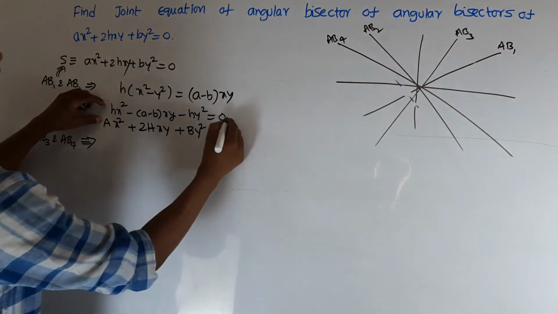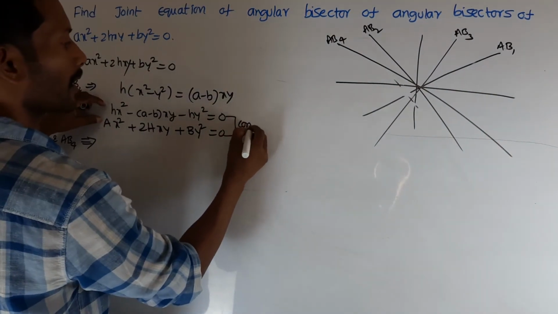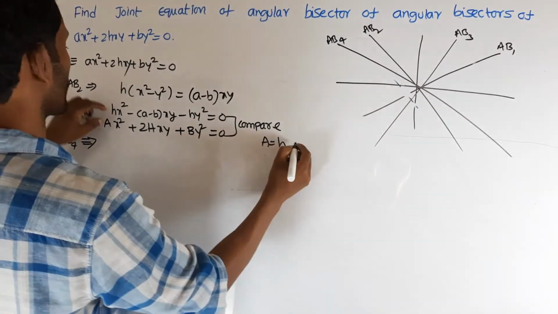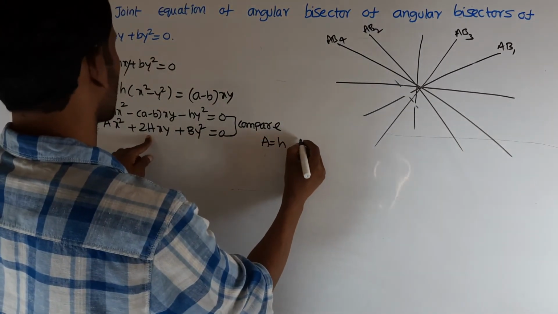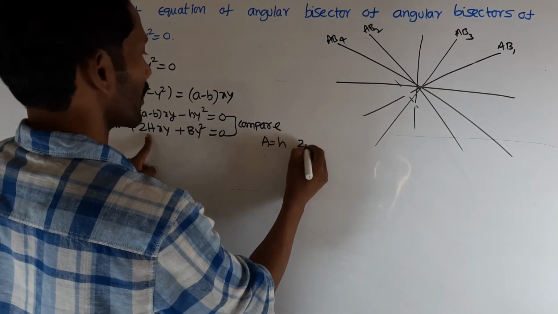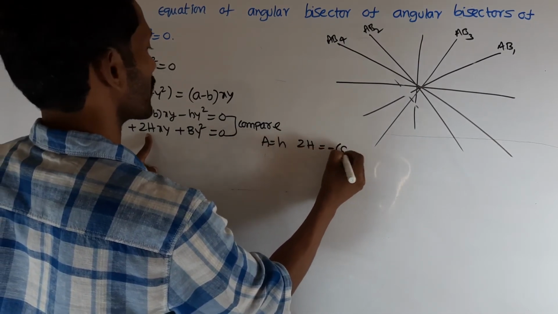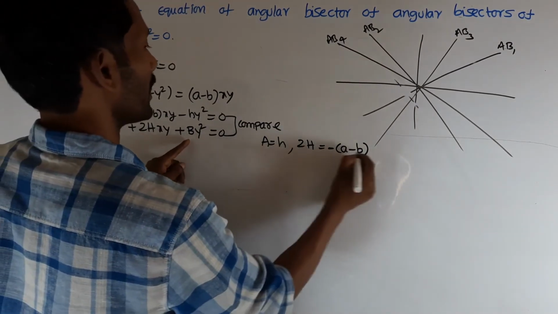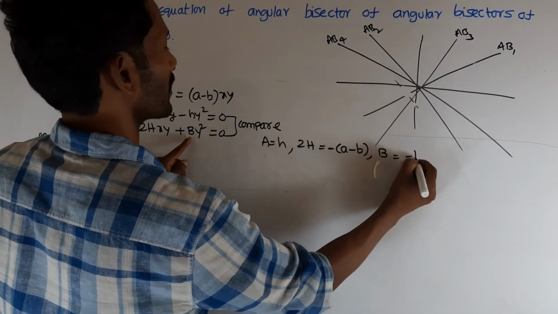Compare these two. Here capital A equals small h, 2h equals minus of a minus b, now capital B equals minus h.